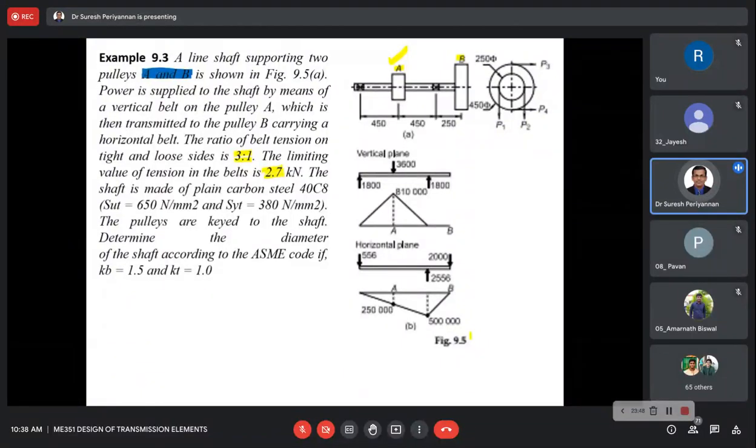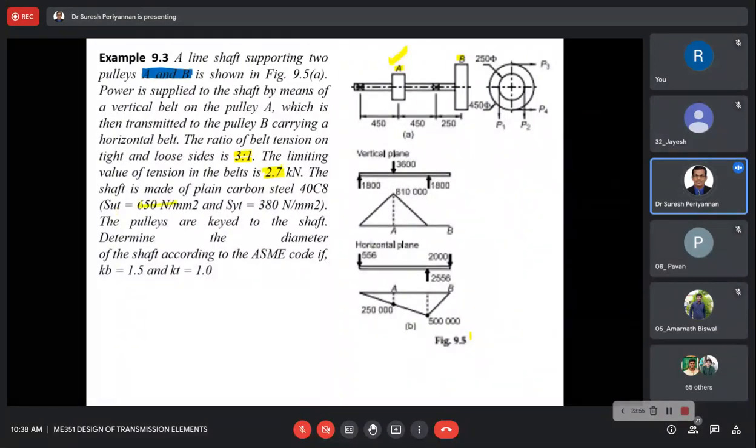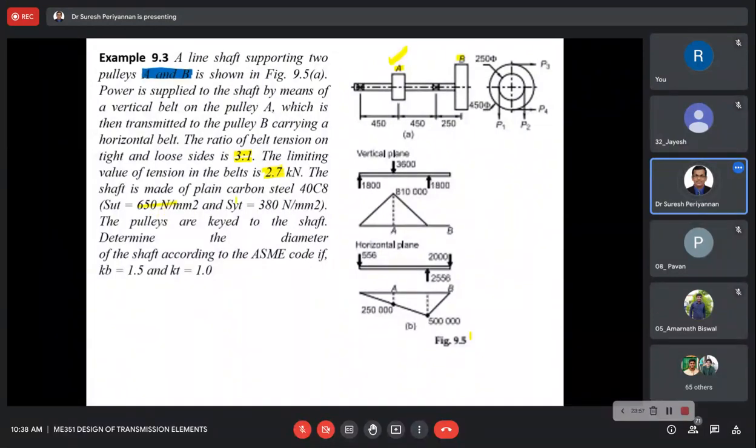The shaft is made of plain carbon steel 40C8. The ultimate strength is 650 Newton per mm square and the yield strength is 380 Newton per mm square. The pulleys are keyed to the shaft, very important. The pulleys are connected to the shaft with the help of a key.